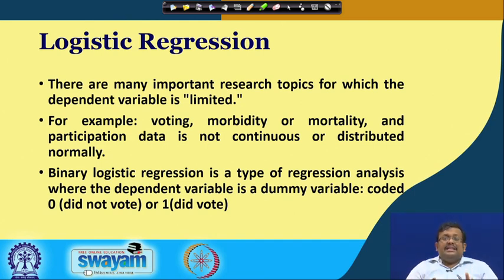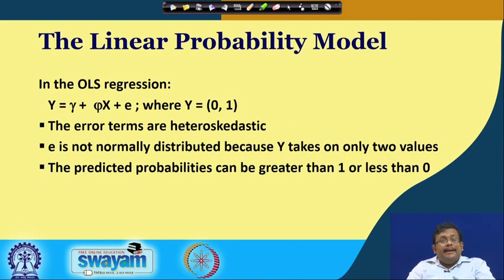So, you can see the output is very much limited, we have binary outputs. So, if we use the linear probability model, ordinary least squares regression, we will get y = gamma + phi x + e, where y in our case is only 0 or 1.